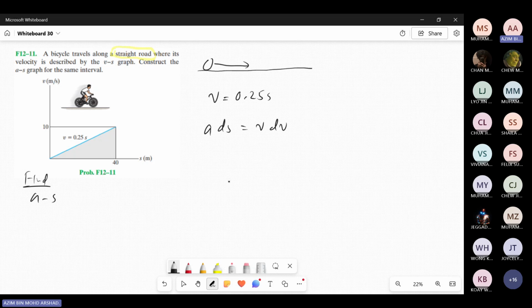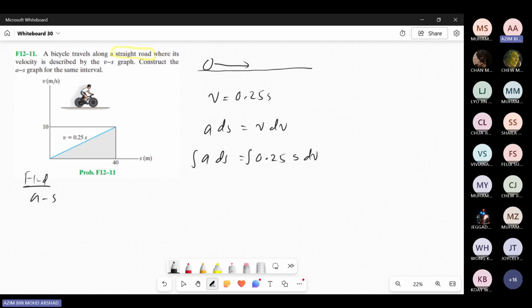And then this is what we need to find. We have v as a function of s. So if we write this down, a ds equals 0.25 s dv. Okay, and we integrate this. Can we do this right? Is this correct? Can anyone tell me?